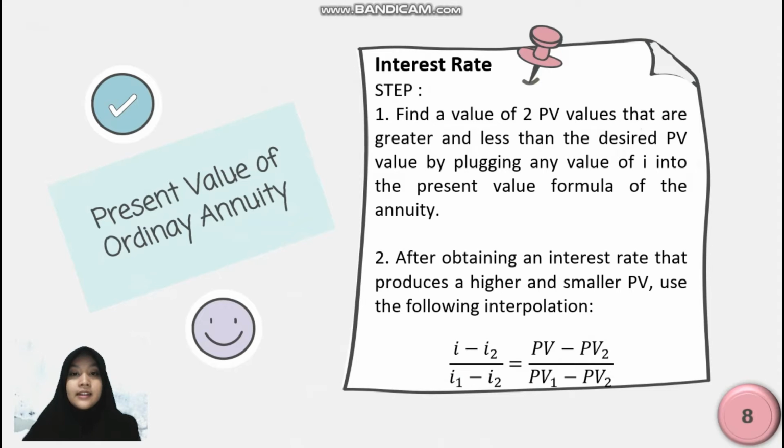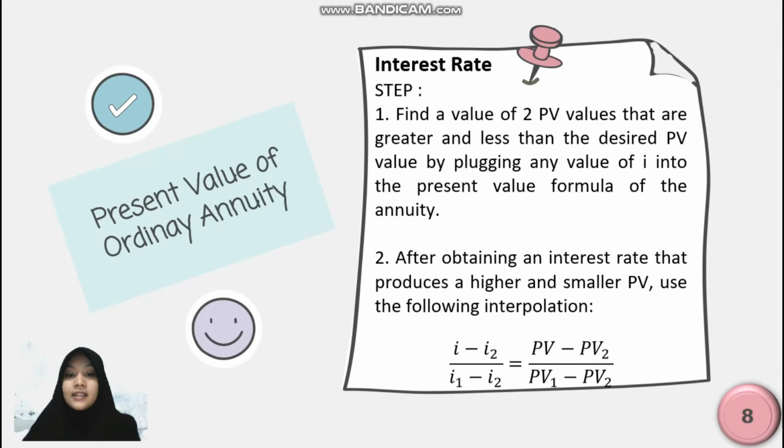And to find the interest rate or present value of an ordinary annuity, there are two steps. Step 1 is to find two PV values that are greater and less than the desired PV value by plugging any value of i into the present value formula of the annuity.